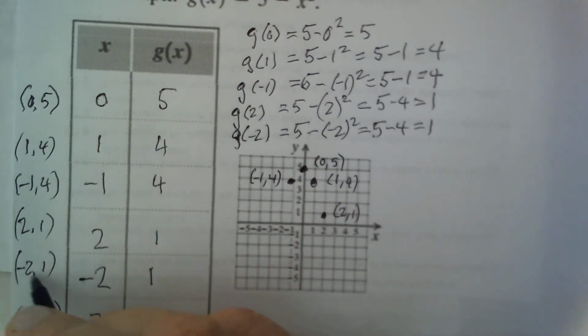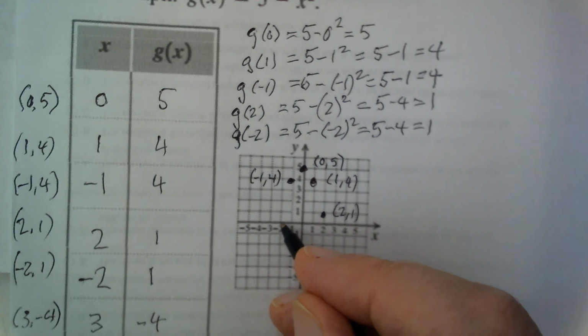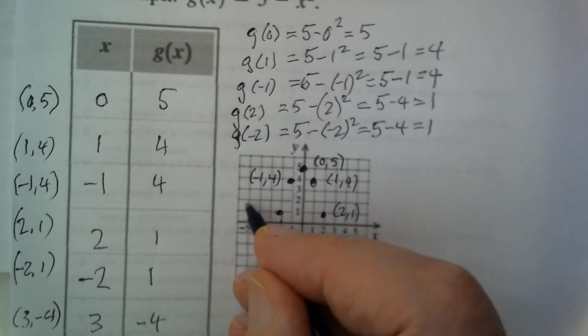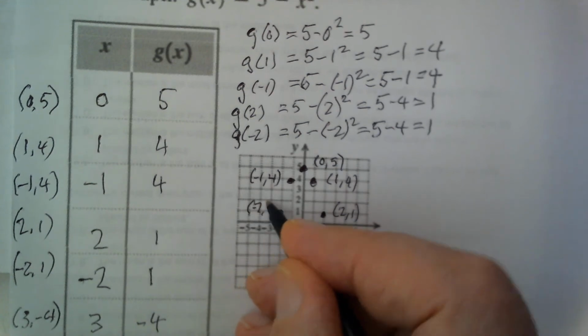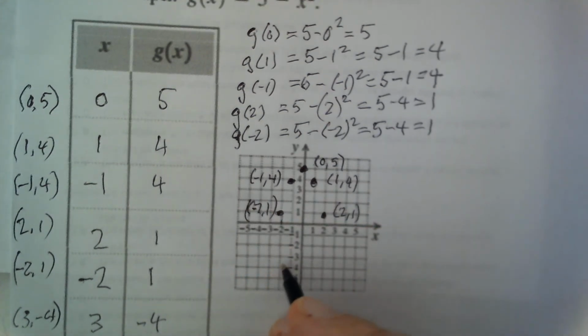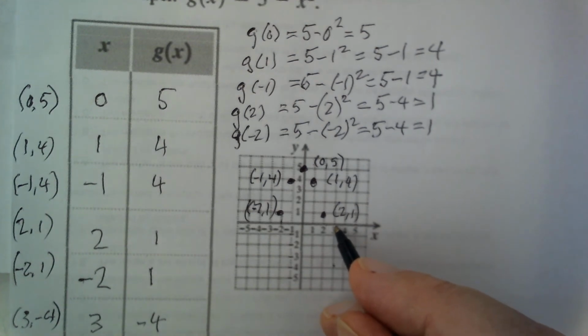And minus 2, 1, this is minus 2, 1. And then the last one would be x equals 3 and y equals negative 4. So here's 3, minus 1, 2, 3, 4.